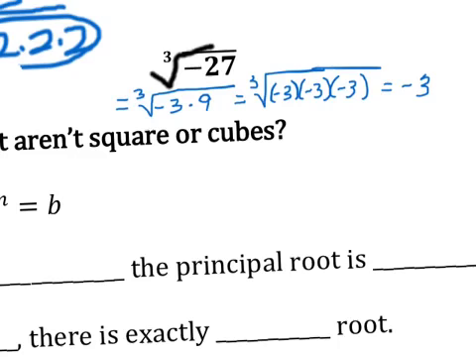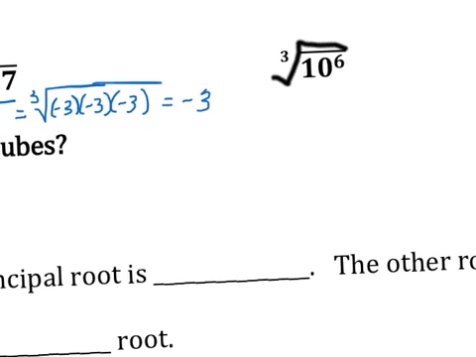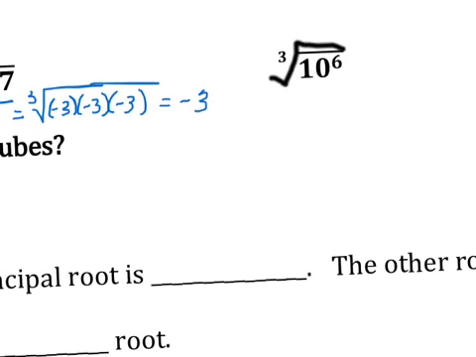Now let's look at our next example, the cube root of 10 to the 6th. What we were looking for with the negative 27 was 3 of the same, and we're going to be looking for the same with 10 to the 6th. A way to do that is to group this into 3 parts.